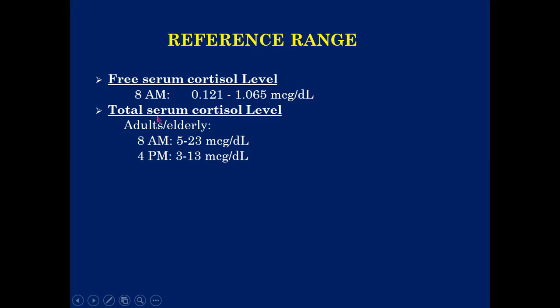Then second is the total serum cortisol level, which may be misleading because it will be increased definitely, but it may be borderline, but more important is the free cortisol level. The total serum cortisol level at 8 a.m. is 5 to 23, and at 4 p.m. it's 3 to 13 micrograms. So you can well appreciate the difference between the levels.